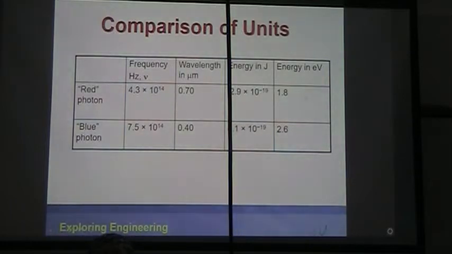Therefore, the energy in electron volts for a red photon is 1.8 electron volts, and for blue is 2.6. Okay, so for blue, it's almost 50% more energy.